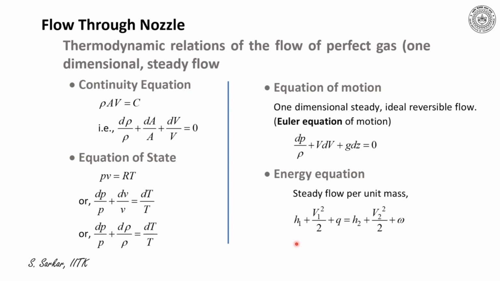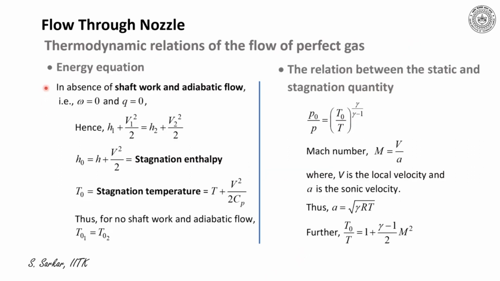Here, changes in potential energy are neglected. Thus h stands for the enthalpy, V is the velocity, q is the heat added per unit mass. Similarly, w is the work transfer per unit mass. So this is the steady flow energy equation per unit mass.